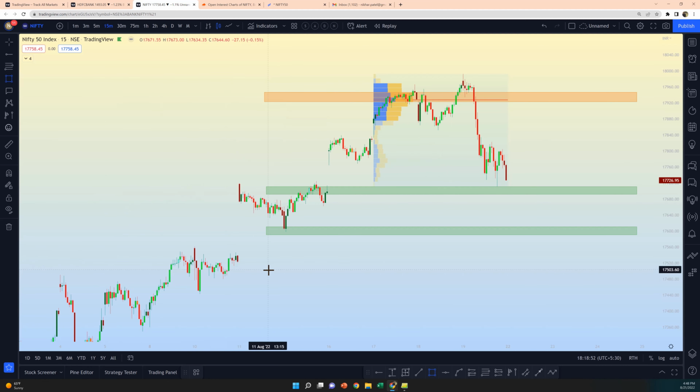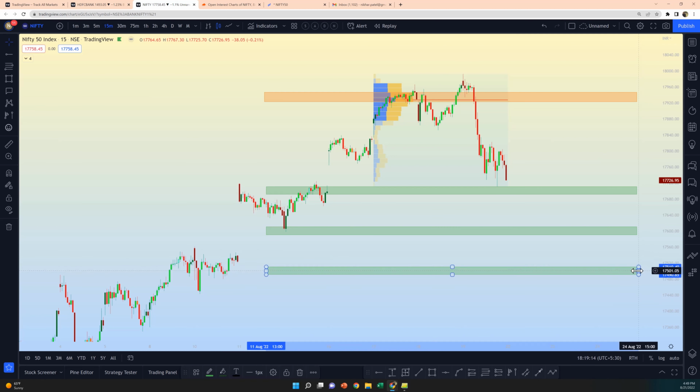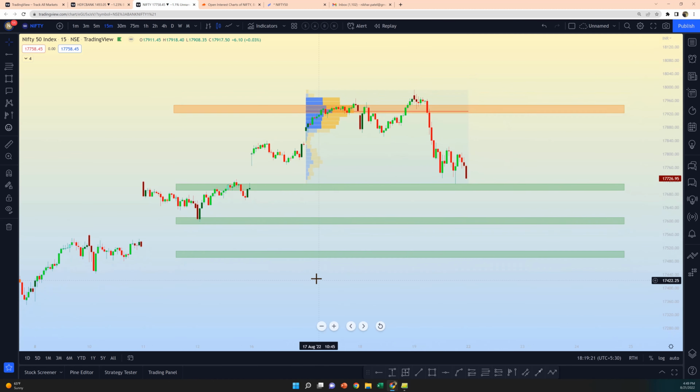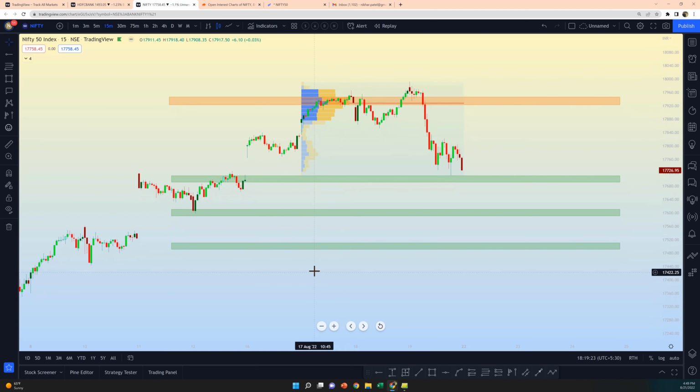Okay, so 17,510 is your next support level. So you marked 17,500, 10 points above and 10 points below, just to make sure that you guys understand. Why I do so is because there is no such thing as a single line in the market, it's always a zone. So it's better to get more confirmation and then act.